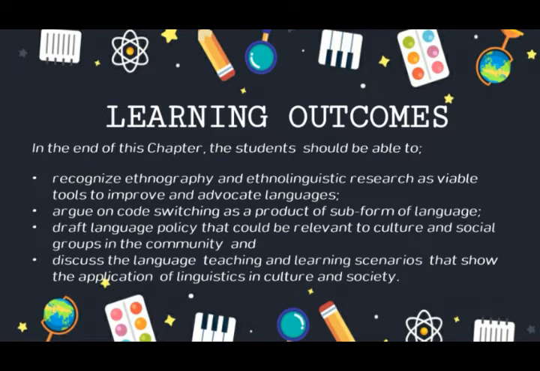Second, argue on code switching as a product of a sub-form of language. Third, draft language policy that could be relevant to culture and social groups in the community. And fourth, discuss the language teaching and learning scenarios that show the application of linguistics in culture and society.